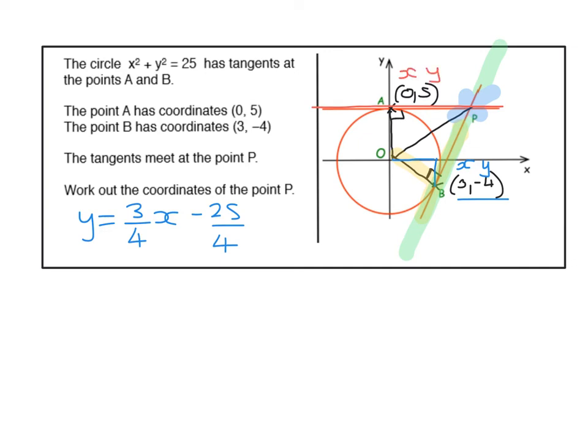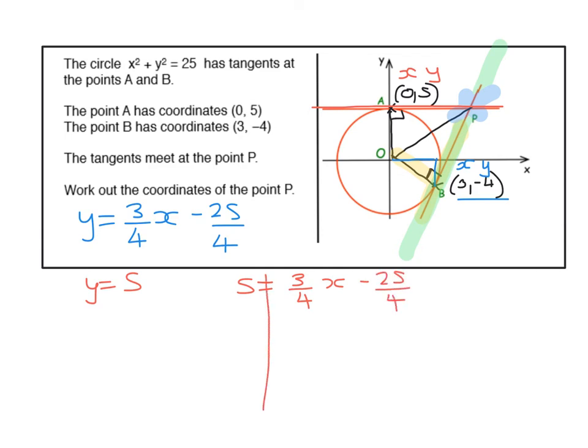So my y is 5 on that line. So I'm going to substitute y is 5 into my equation. So 5 is equal to 3/4 x minus 25 over 4.